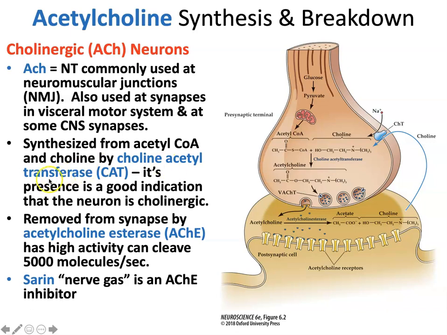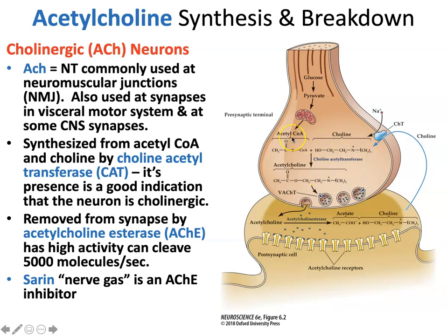It's synthesized from acetyl-CoA, and it involves the use of choline acetyltransferase, or ChAT, as you'll hear people abbreviate it. With all of these neurotransmitters, if you find the enzyme within the synaptic terminus, then most likely this is an acetylcholine or cholinergic synapse.